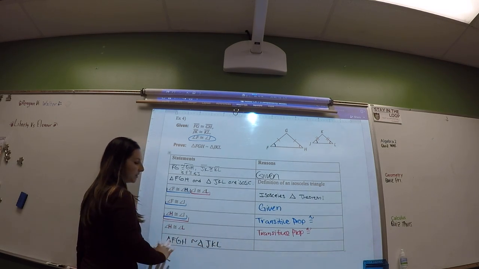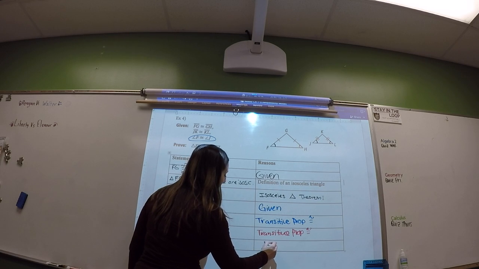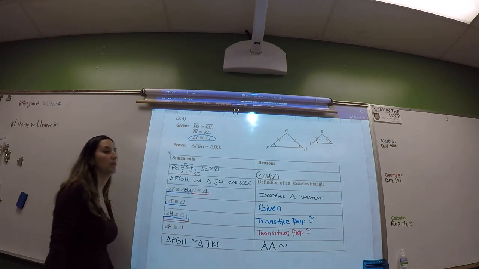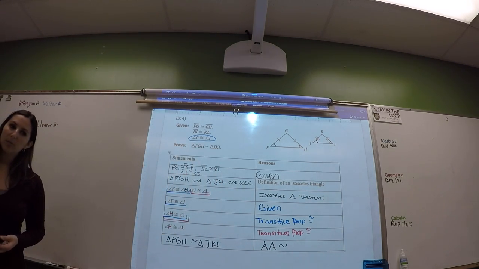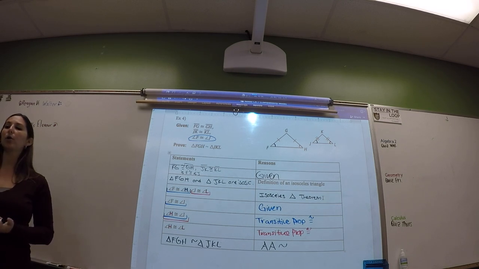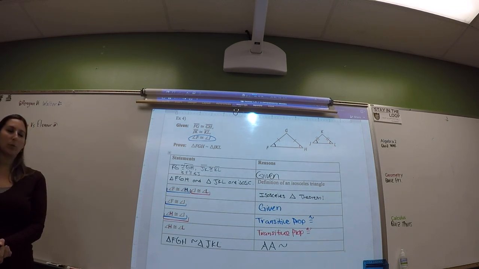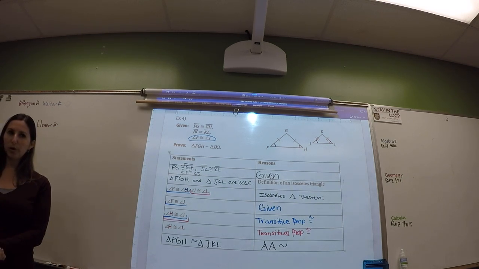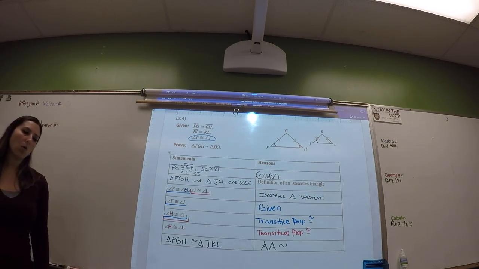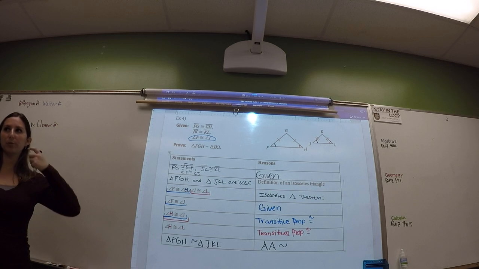So we can say that they're similar by the angle similarity postulate, because we have two pairs of corresponding congruent angles. Essentially we just needed to get to the point where we either had two congruent angles, or an included angle between two proportional sides, or all sides proportional, which we didn't have.